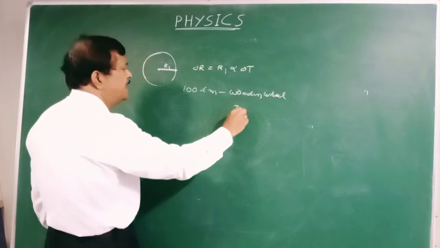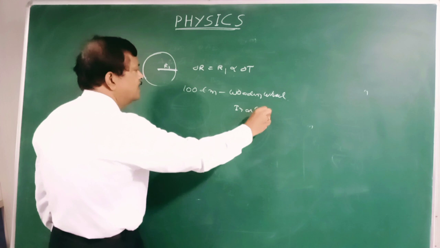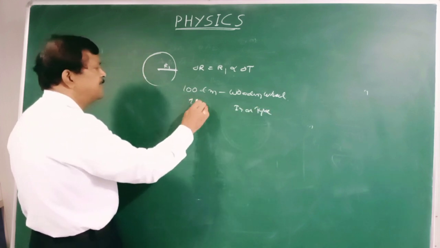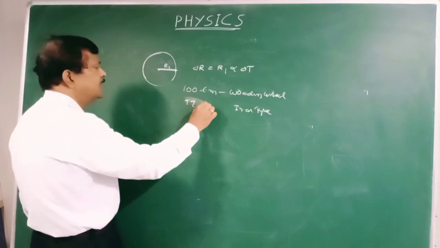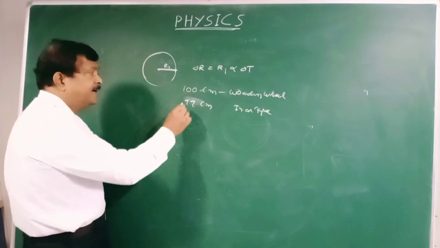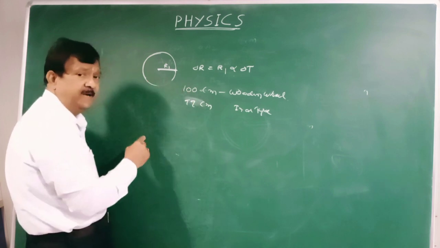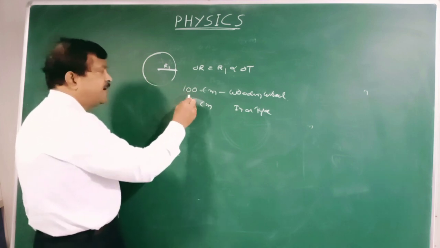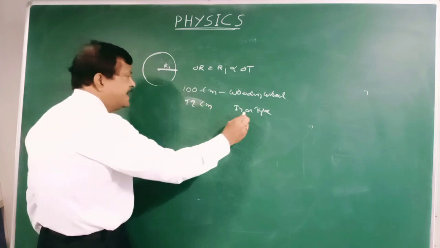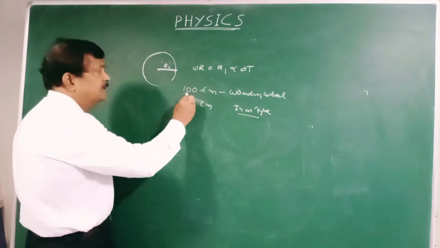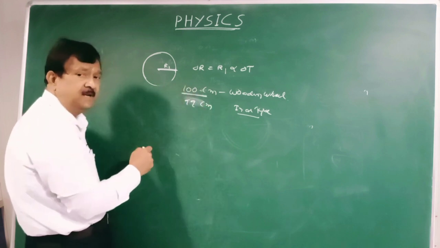And for the iron tire, the radius is only 99 centimeter. Then at least it must have a length of 100 centimeter. That means the final radius of this iron tire when you are heating must be 100 centimeter.